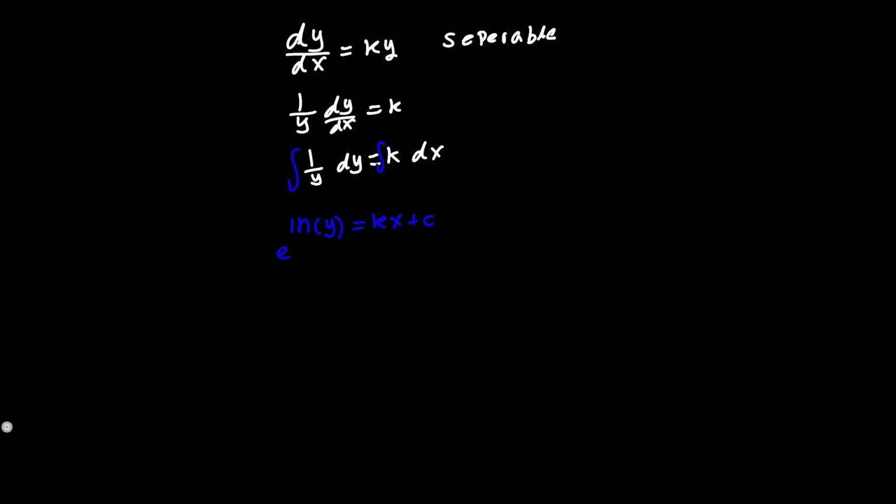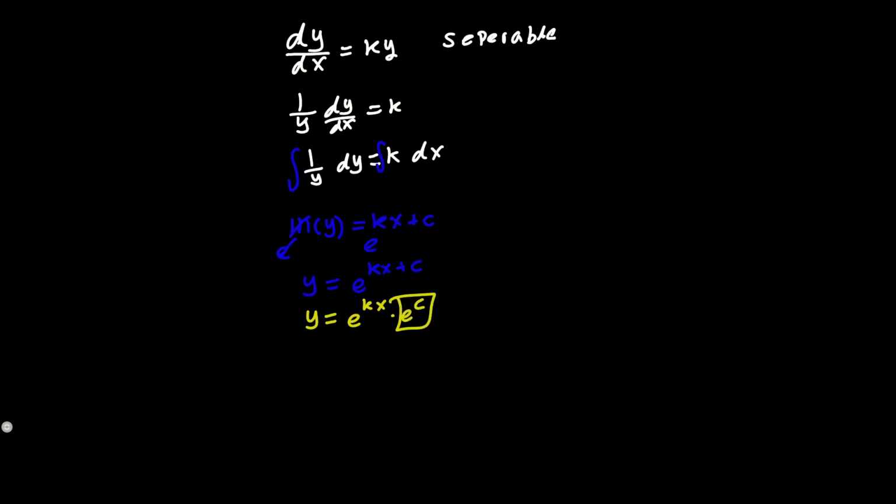To do so, we will exponentiate both sides. So the ln and the e are going to cancel out. So we have y is equal to e to the kx plus c. We could simplify it just a bit more. So if we look at the right side, we have y is equal to e to the kx times e to the c.